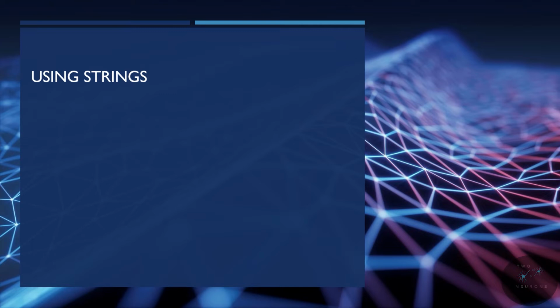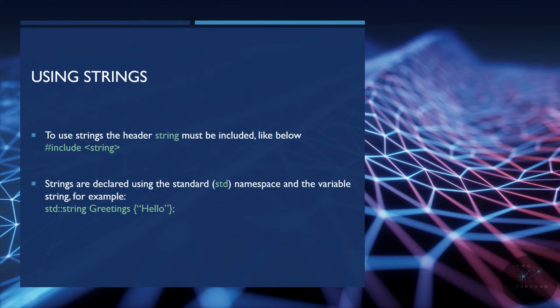So, how do you use strings? Well, for starters, you need access to the string library. And you get access to the string library by including the string header. So in the header section of your code, you would type hashtag include string. And you can declare and initialize strings using the standard or std namespace and the type for string.